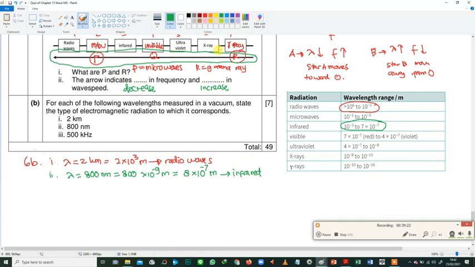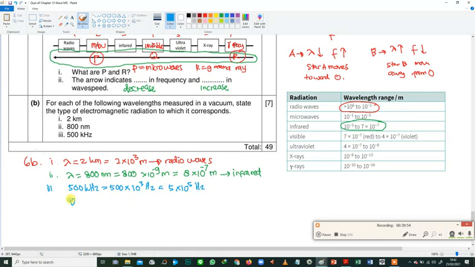Okay, next, the next one, use the blue. It's going to be 500 kHz, or 500 times 10 to the power of 3 Hertz, or I'm going to make it 5 times 10 to the power of 5 Hertz. Now, how about this one? It's in frequency, but how to find the wavelength?